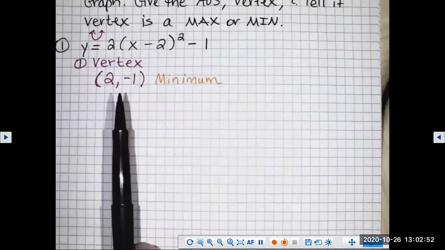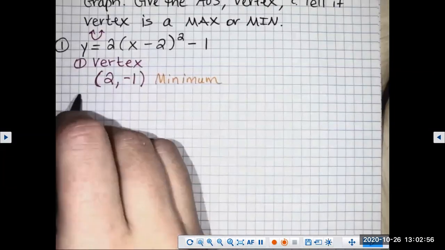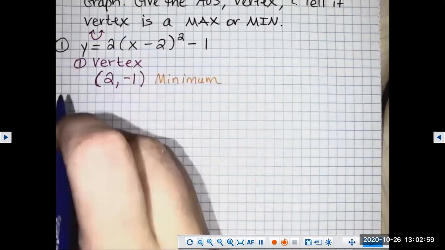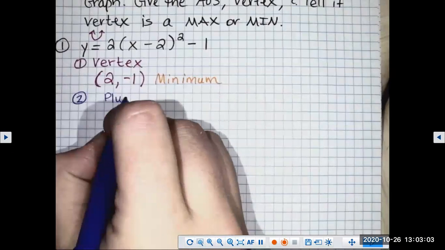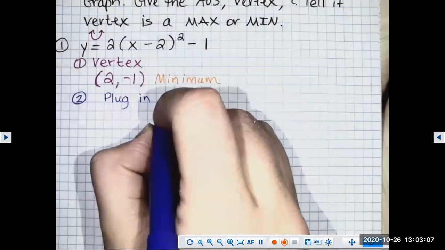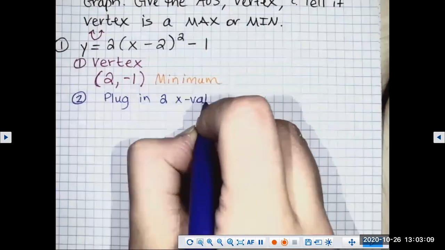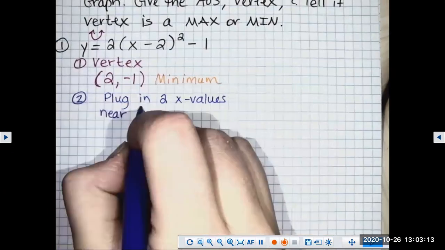Or you could go ahead, what's your x value here? 2. So now you can either sketch a graph from this point or plug in 2 x values near 2.